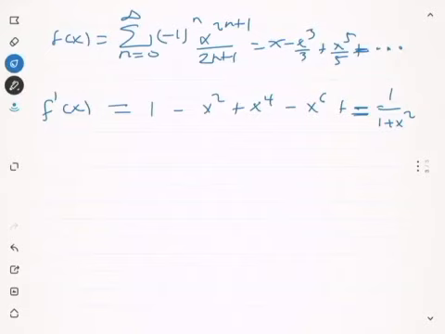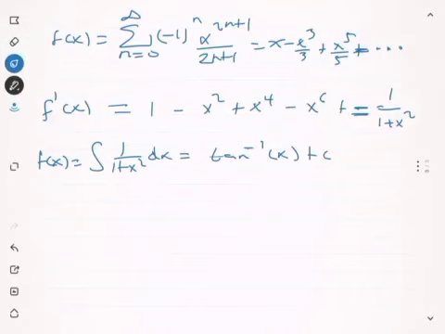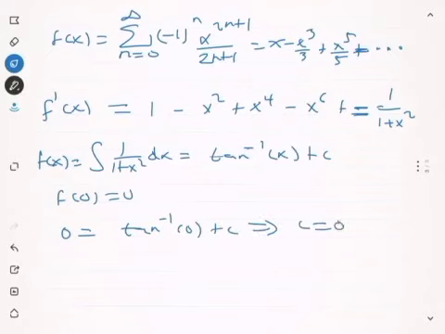Since we found that derivative, we can now find f of x, because that will just be the integral of the derivative, so 1 over 1 plus x squared with respect to x, and this would be tangent inverse of x plus c. But since f of 0 is equal to 0, because if you put 0 in for the values of x in the series, you get 0, this will give you 0 equals tangent inverse of 0 plus c, so that will give you c equals 0.